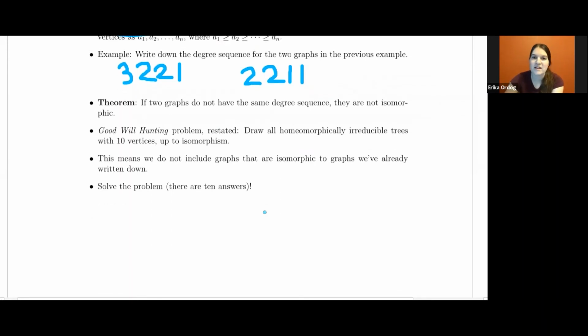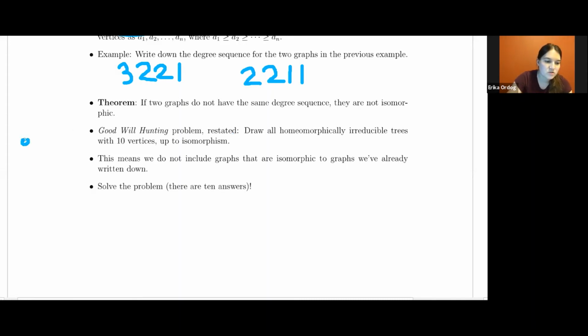Okay, so let's go back to our problem and let's restate it. We want to draw all homeomorphically irreducible trees. Remember that means we don't have any vertices of degree 2. We want trees, so connected graphs with no cycles, with 10 vertices, and we want to do this up to isomorphism. What does that mean? It means we don't want to double count graphs that are isomorphic to each other.